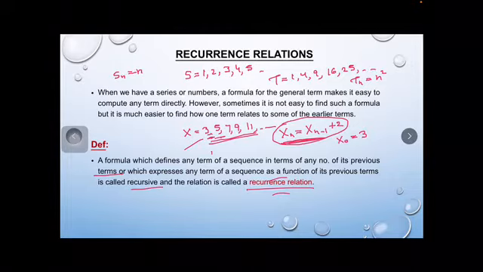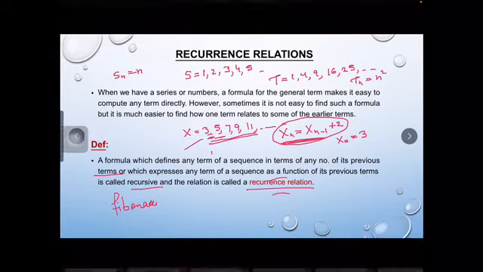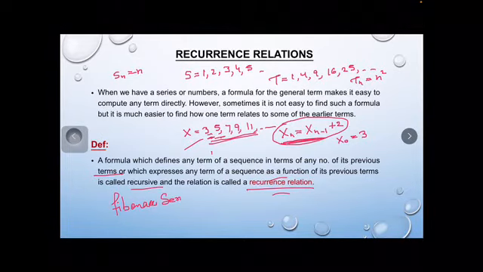When we express the nth term in terms of the previous terms, this type of form is called the recurrence relation. One more thing: you are all familiar with the Fibonacci series. What is the Fibonacci series? It is a series with elements 1, 1, 2, 3, 5, 8, 13 and so on.